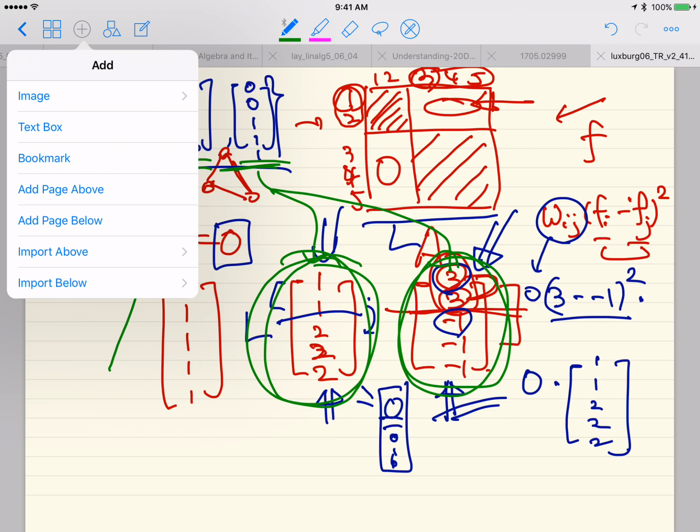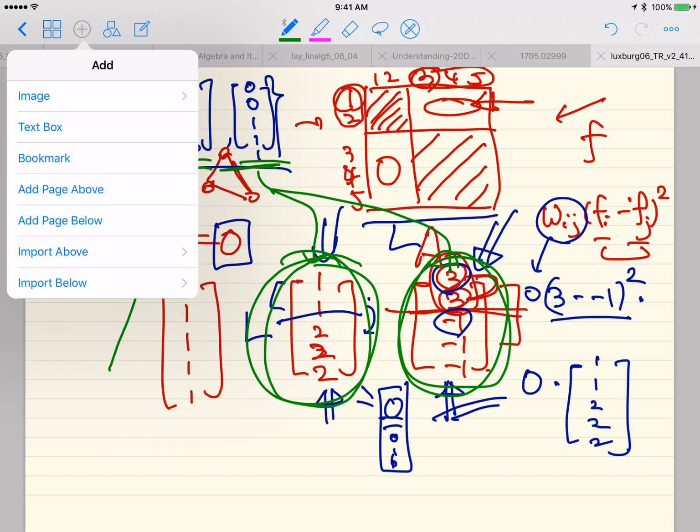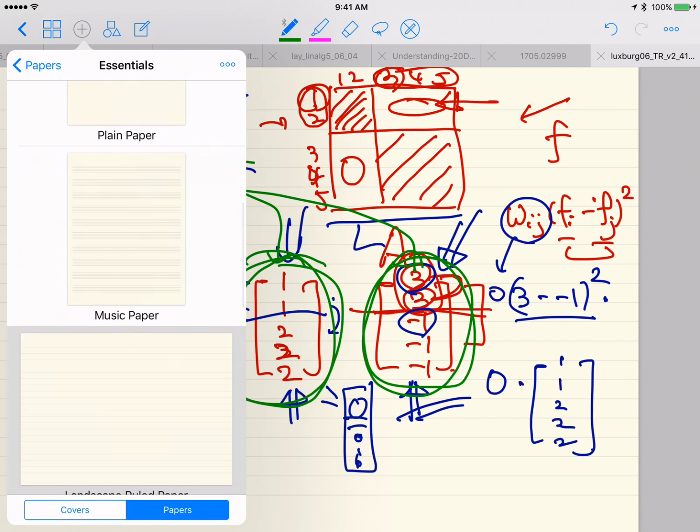Okay, so in this case, if you perform eigendecomposition, what are the steps of computing eigendecomposition?